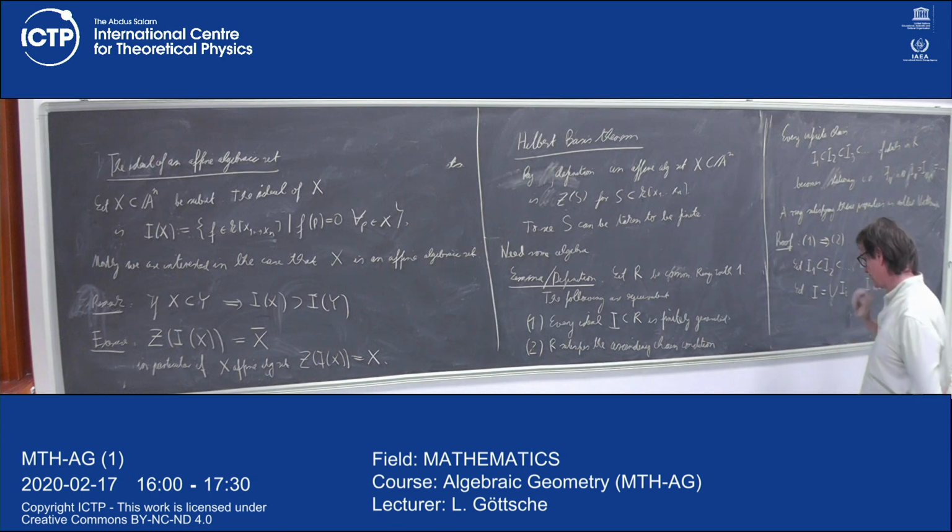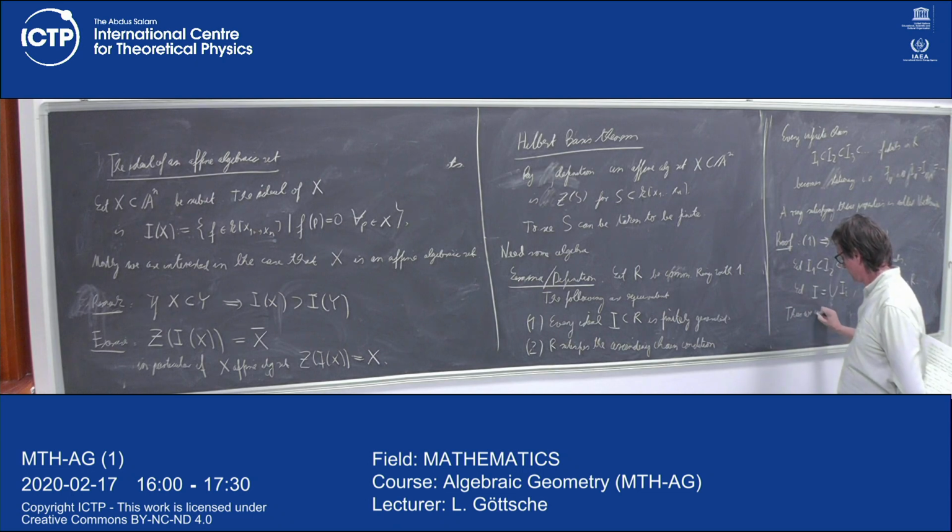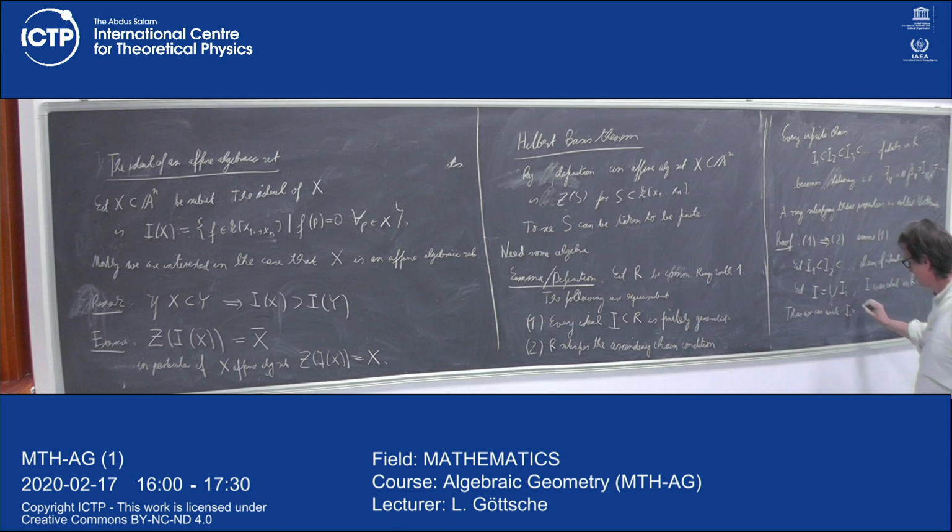So thus it is finitely generated, the ideal generated by f_1 to f_n, with f_i elements in I. But these are finitely many elements which lie in the union of these.